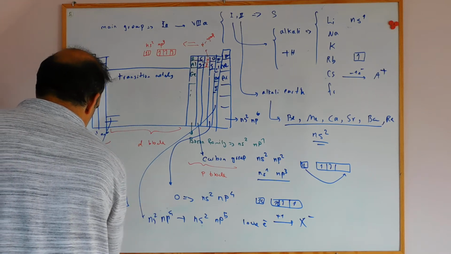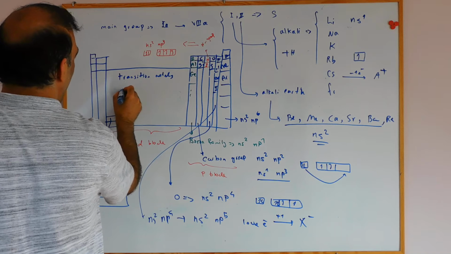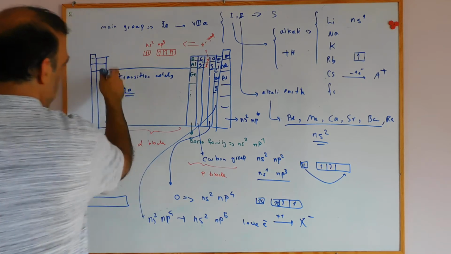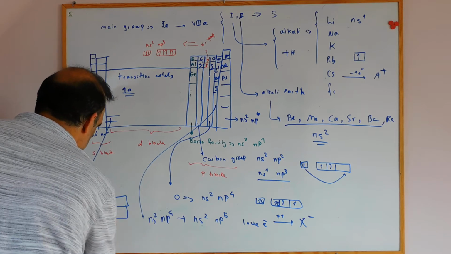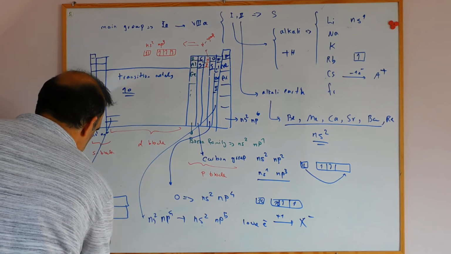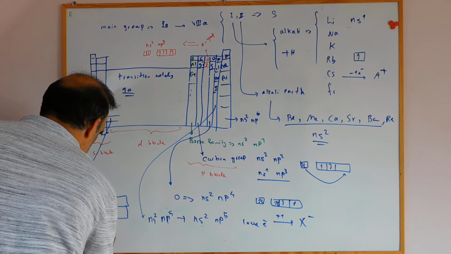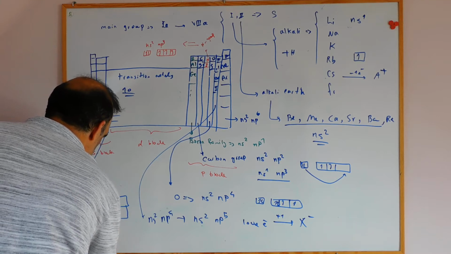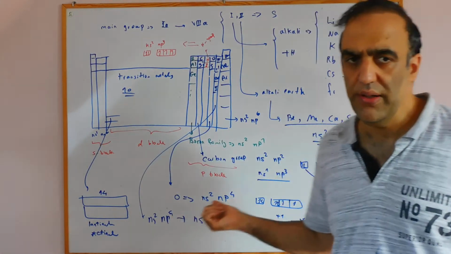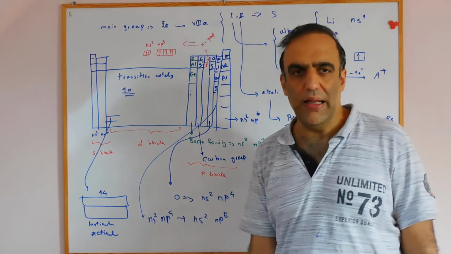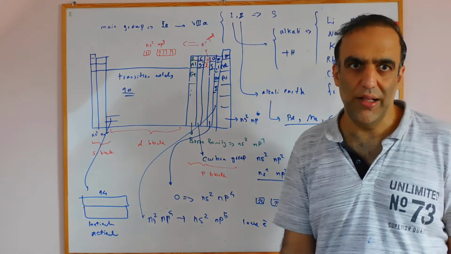The f block has lanthanides and actinides, that is 14. Both of them, lanthanide and actinide, are f blocks, and they have 14 electrons.